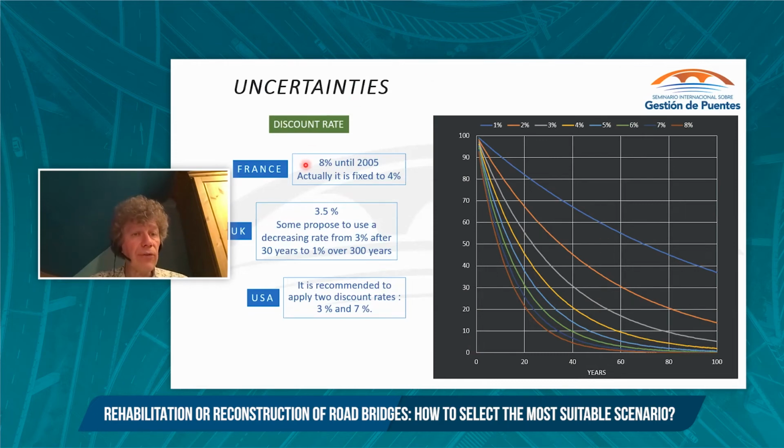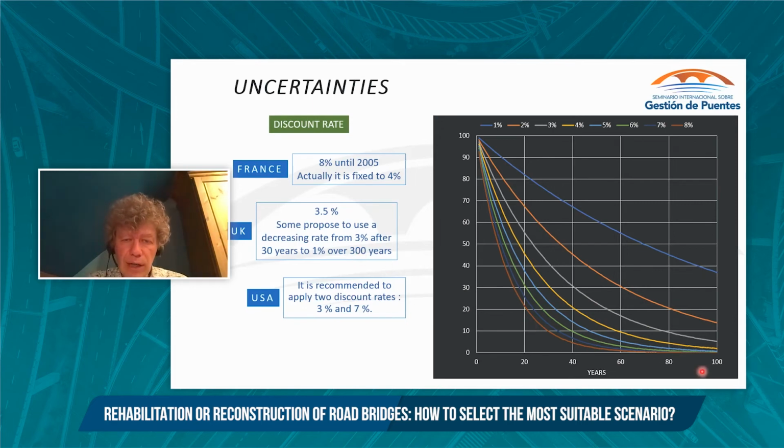So you can see that, for example, in France, until 2005, they used 8%, and actually it was reduced to 4%. In the UK, they use something interesting because they use a value of 3.5% as discount rate, but they also propose to decrease it from 3% at 30 years to 1% at 300 years, the discount rate in the long term.